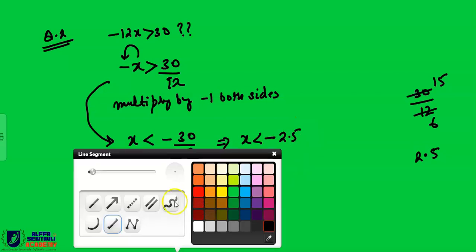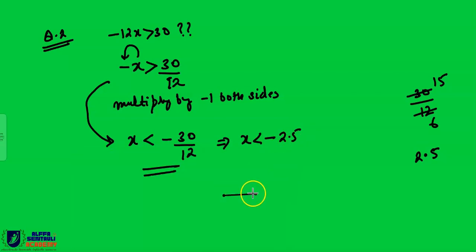So let us draw a number line. This is our number line. Let us write that number, minus 2.5. All the numbers which are less than minus 2.5 will be like this: minus 3, minus 4, all the negative numbers.